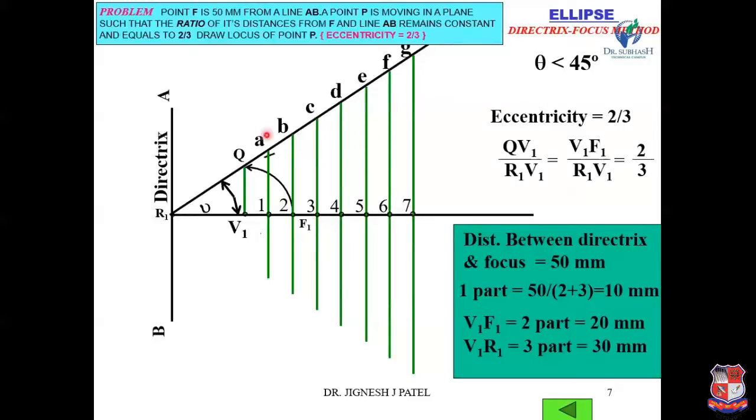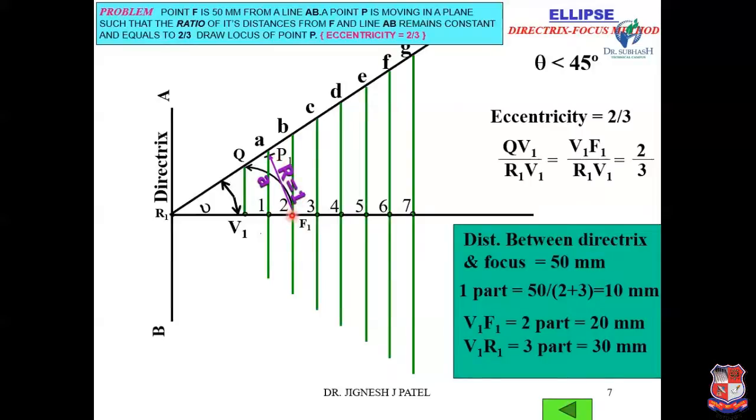Now the intersection points of these vertical lines are A, B, C, D, E, F, G. Important: every time the center remains constant, that is F1. Now with 1A as radius and center F1, draw an arc on this line. This point is P1.